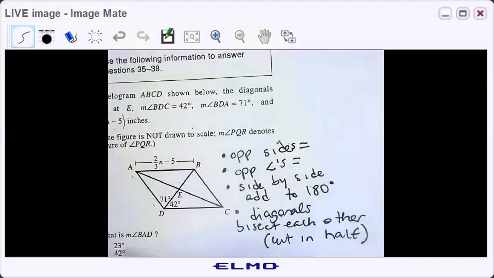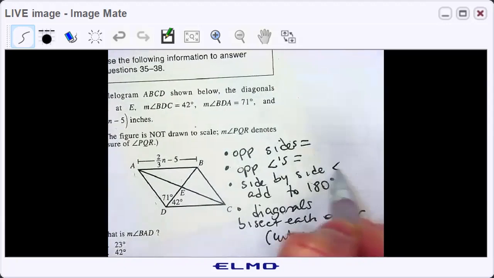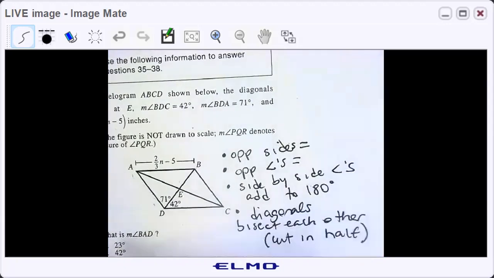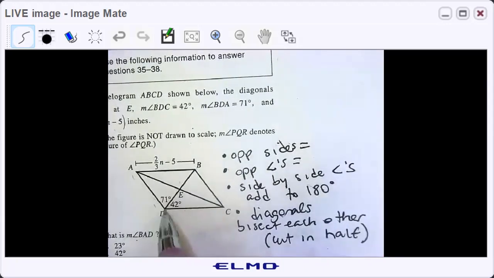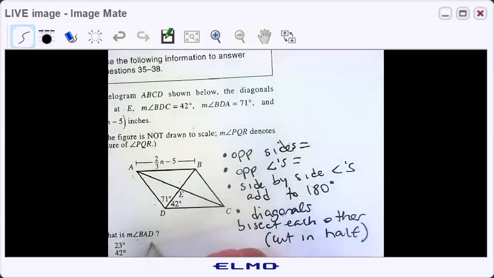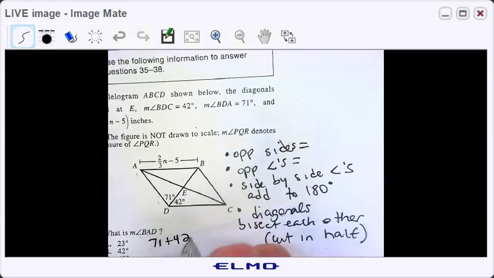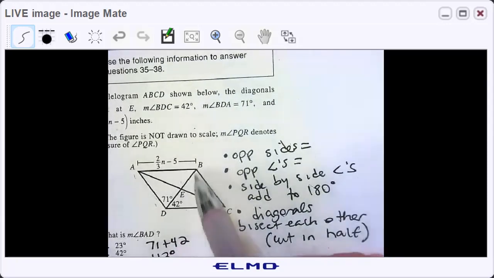All right, let's use property number 3, side by side angles add to 180, because they're asking what is the measure, little m means measure, of BAD. So they want this bigger angle right here. Well, if I add up 71 and 42, that is 113. I know that this angle over here is 113.